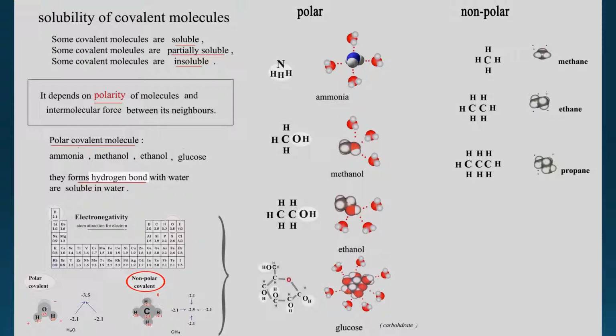Because look at this CH, very symmetric electron pulling, all these CH hydrocarbon groups. So these three non-polar substances, methane, ethane, propane, are non-polar, so they are not soluble in water.